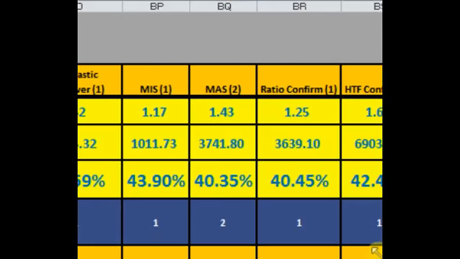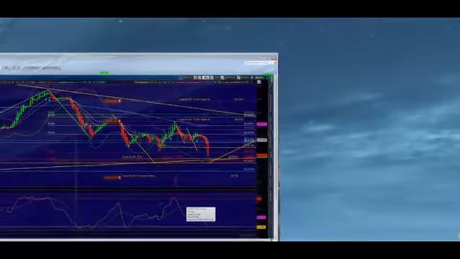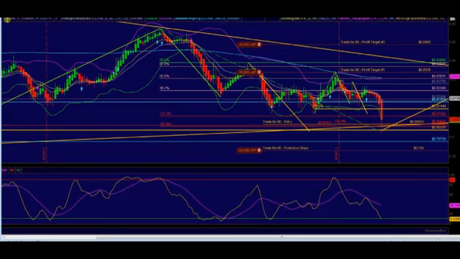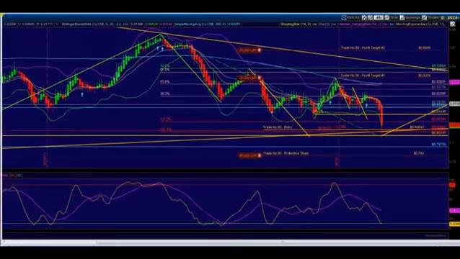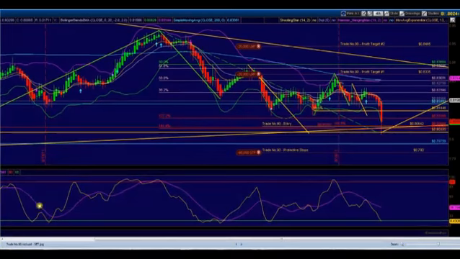So going back to the chart, that's what was planned.